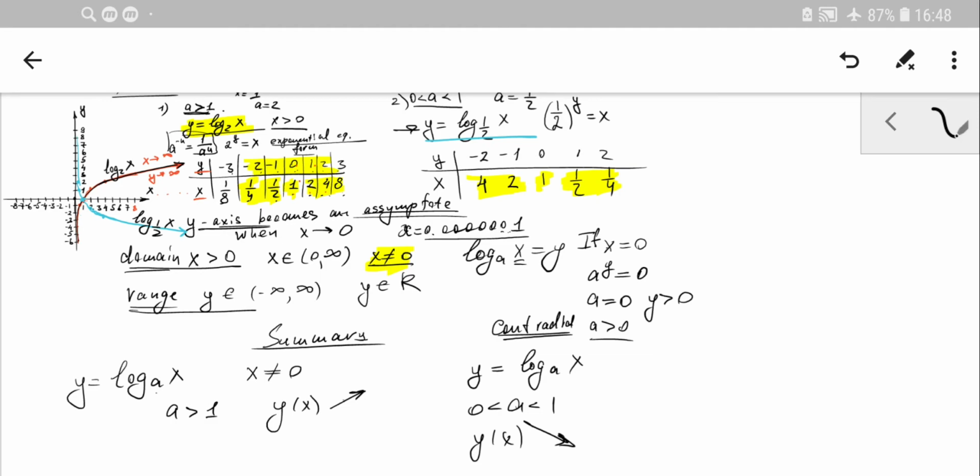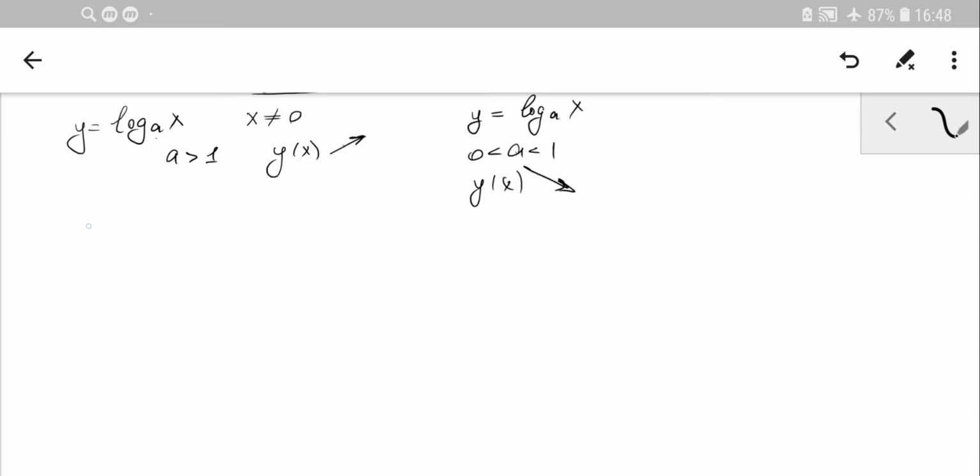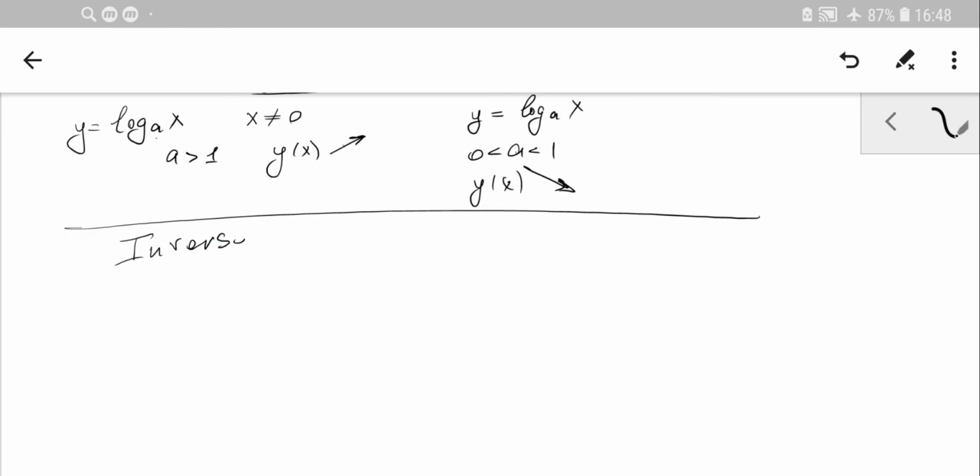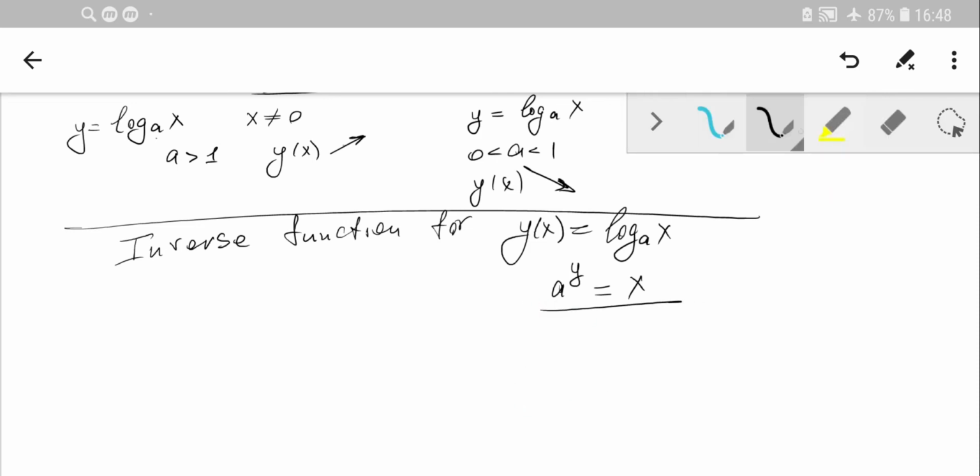However, we'd like to explore the inverse function. Let's do it quick and see how it works. So let's explore the inverse function for y from x equals log a x. The inverse function simply becomes a to the power y equals x, and then according to the reversing rule, you just need to flip x and y.